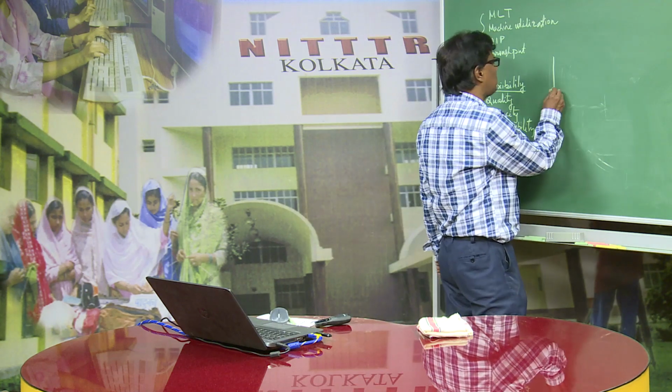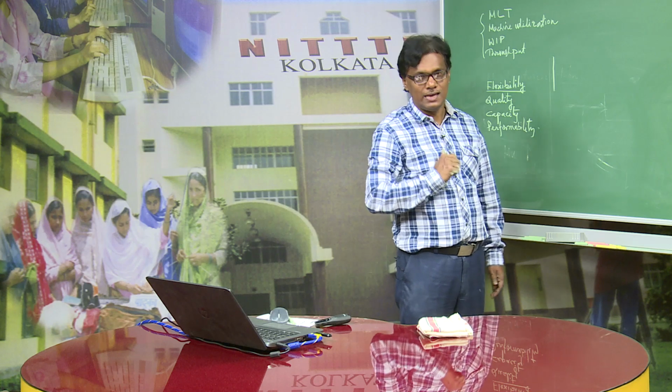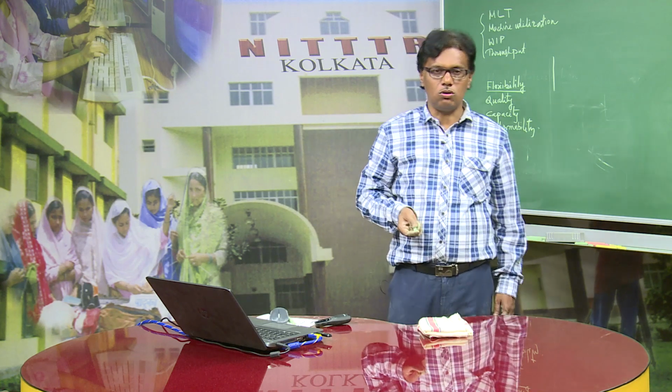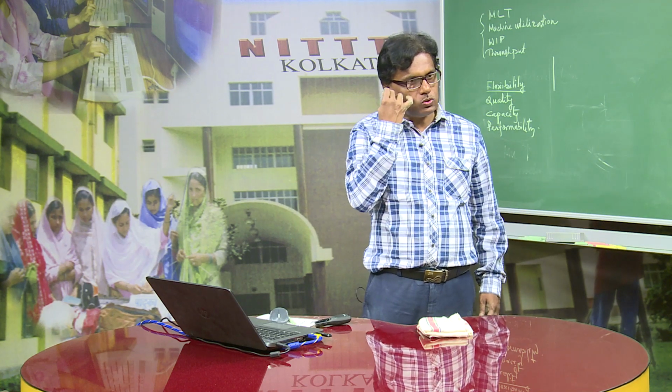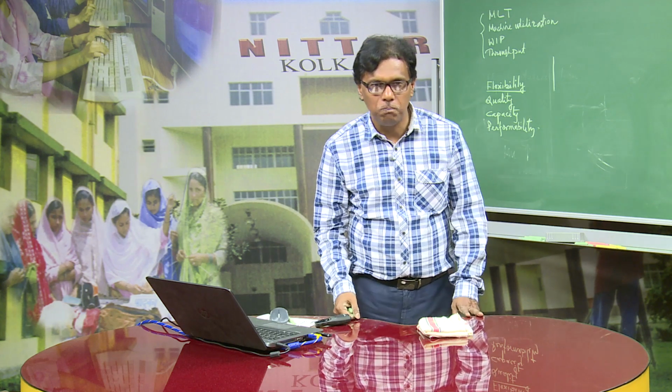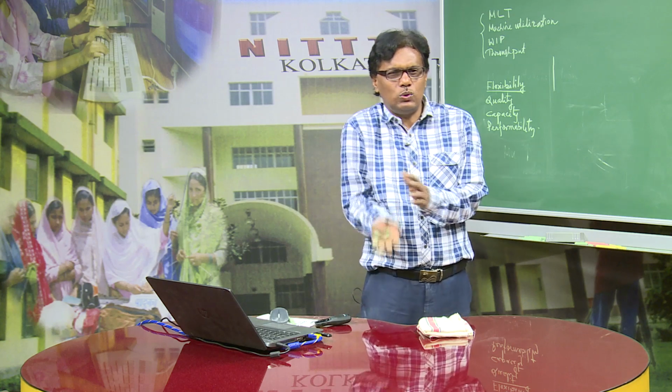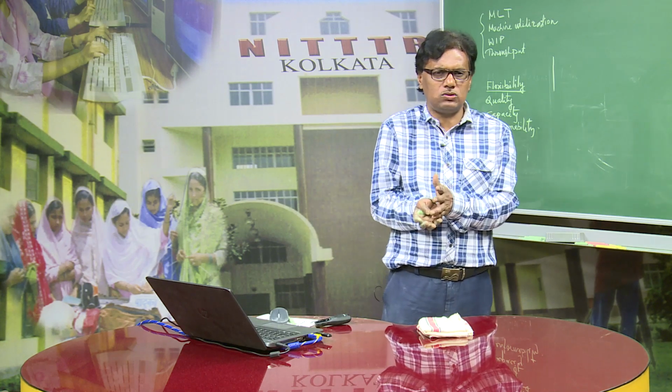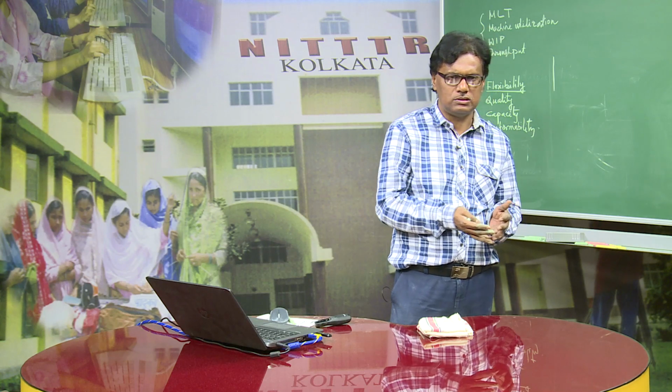That means the lifespan of the product is very uncertain. So my manufacturing system too has to accommodate this flexibility, so that it can quickly change over from one product to another product.